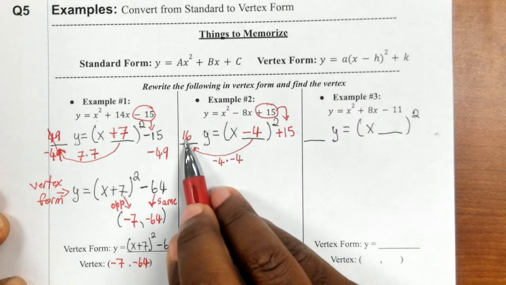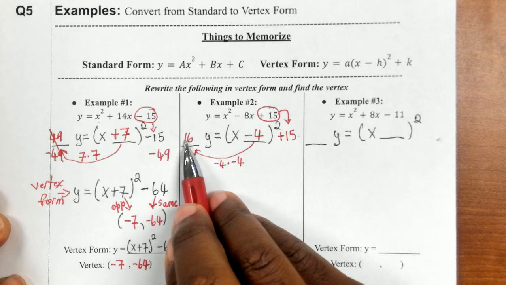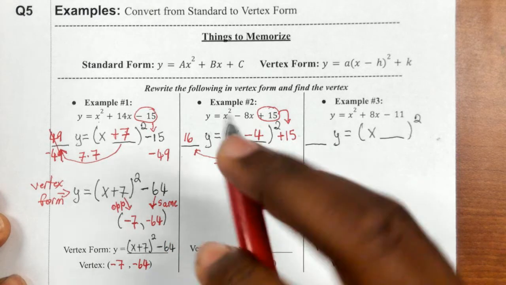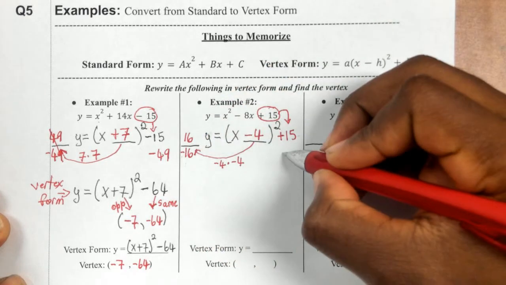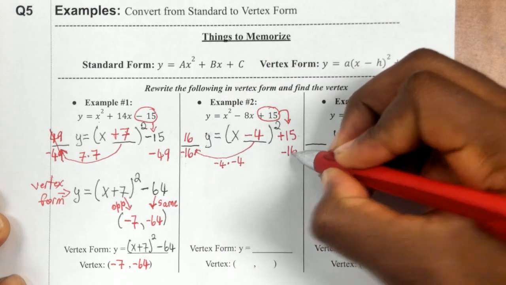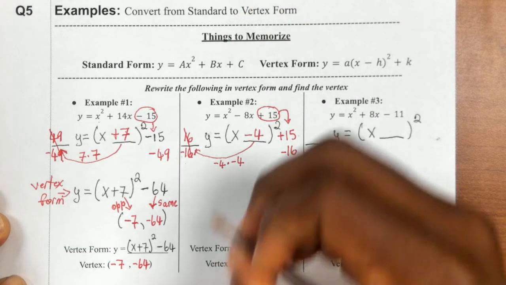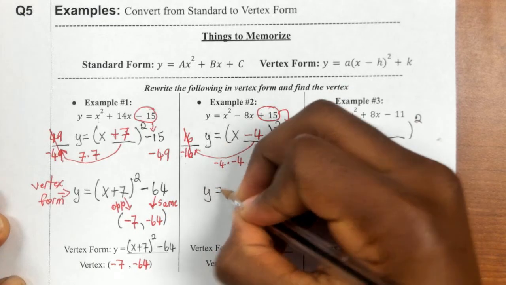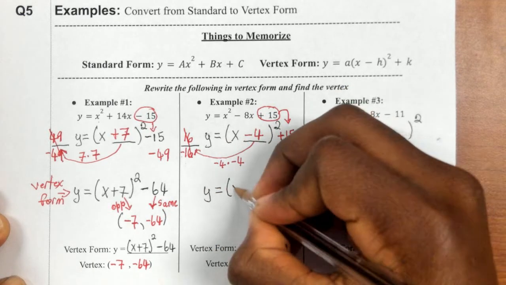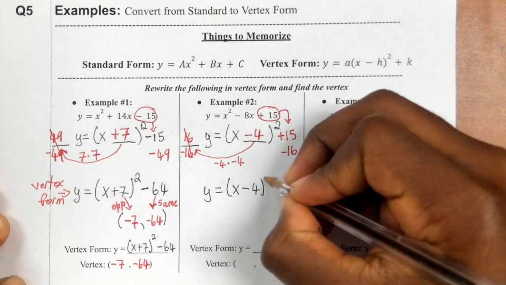But do I want this positive 16 over here? No. So I need to move this positive 16 to the other side. I'm going to need to subtract that 16 on both sides of my equation. So this gets canceled, and we end up having y remaining equal parentheses x minus 4 parentheses squared.